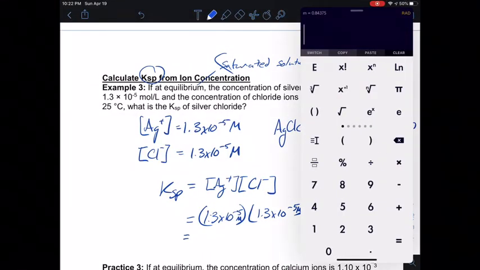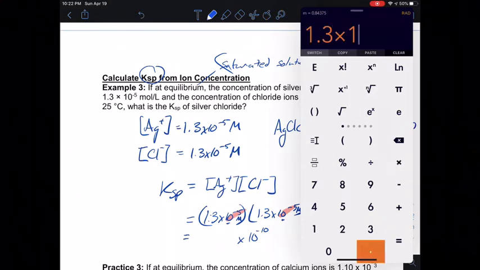If you are familiar with the exponent rule, then we can estimate that this is times 10 to the negative 10, because we're multiplying two exponents that have the same base, and by base I mean they both have a 10 in the base. It's 10 to the power of negative 5. When you multiply things of the same base, you can just add their exponents. So that gives us 10 to the negative 10.